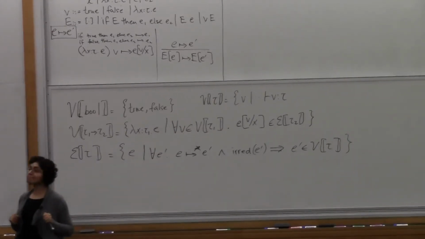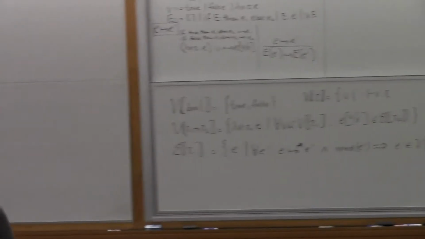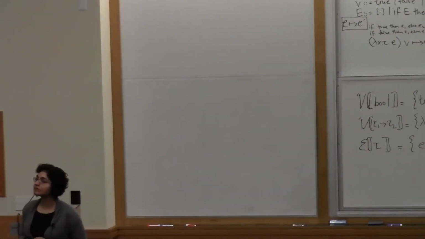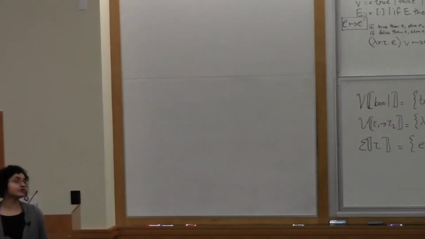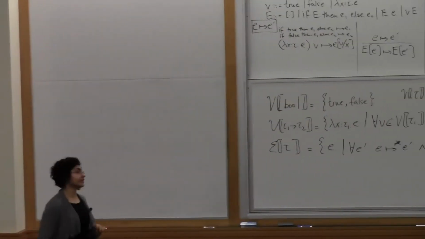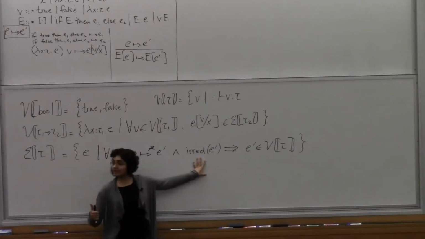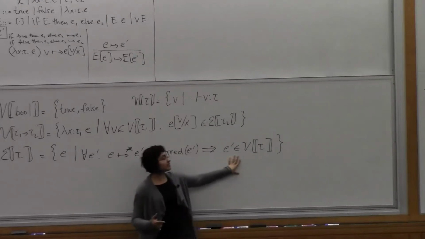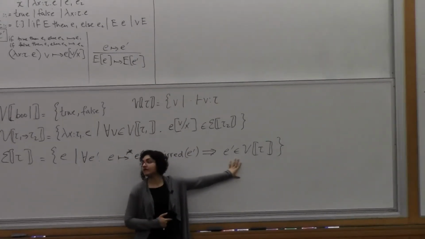Irreducible. So what does this definition say? It says that we get to an irreducible state, which may be a value, or it may be a stuck state. Then we say it must be a value.